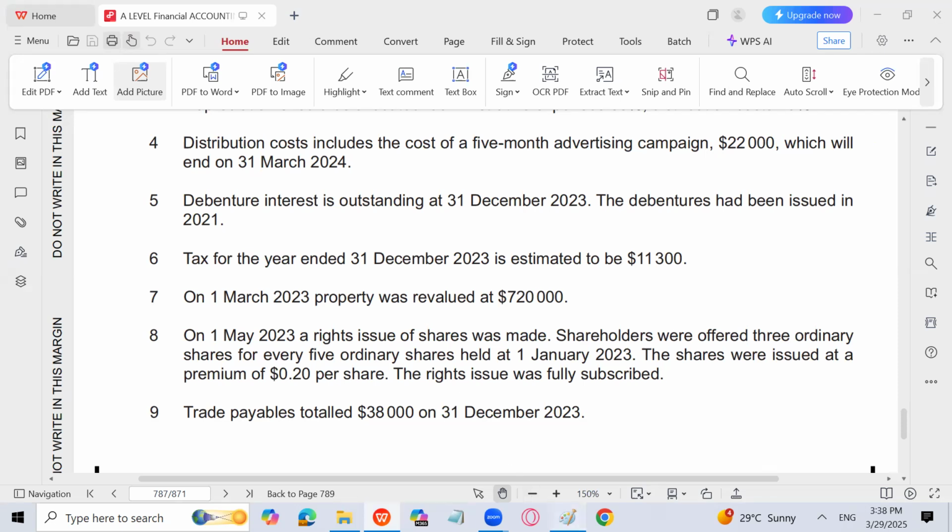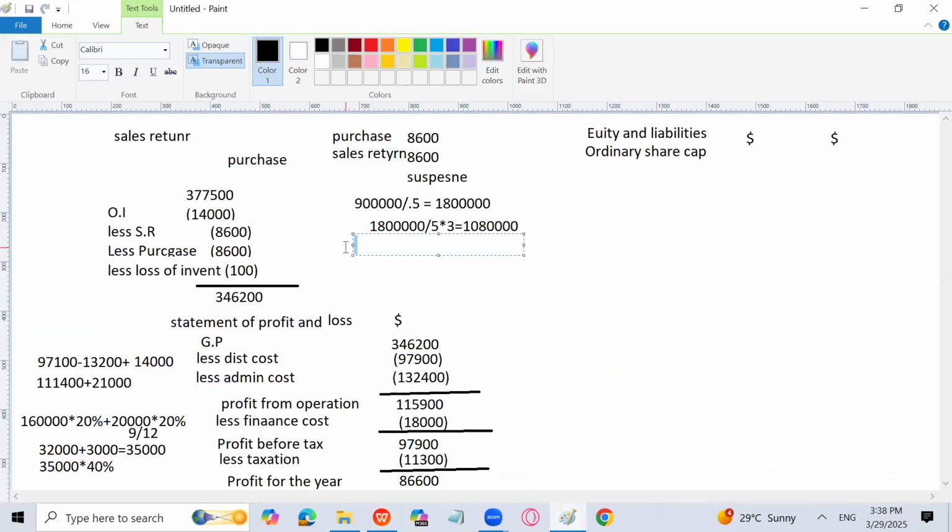So bank will come first. The shares are issued, that is 10,80,000 multiplied by 0.7. That is the amount of the bank. Why, sir? I will tell you. Share capital will come 10,80,000 into 0.5, and share premium will come 10,80,000 into 0.2.